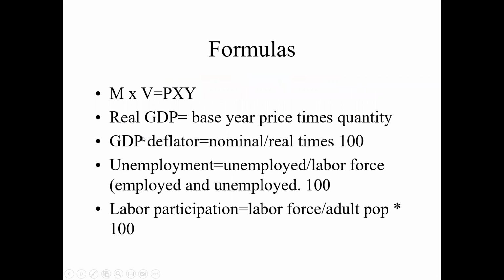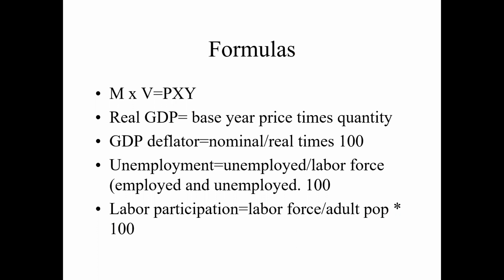Okay, you guys have a formula sheet, so I'm not going to go through all the formulas. Just remember, there's a couple of ways to find real GDP. One is using the GDP deflator. Sometimes they give you the GDP deflator and the nominal, and you have to solve for X for real.